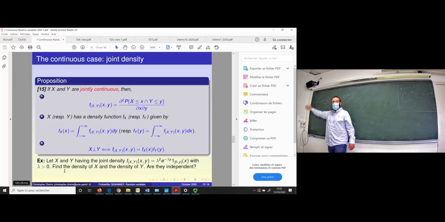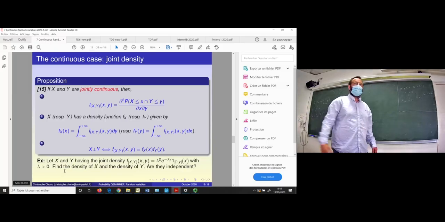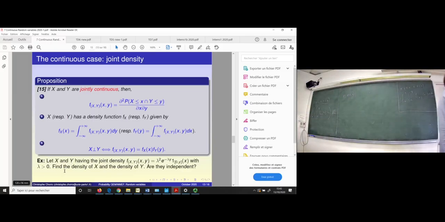So you will have a triple integral to compute. And what will be the link between? Oh, if I have understood, you tell me that you want to do this. I haven't understood.